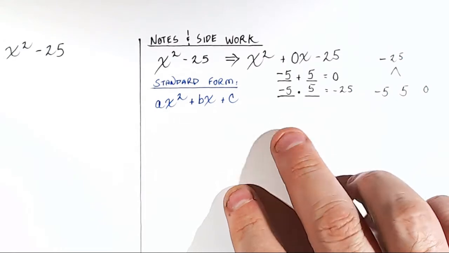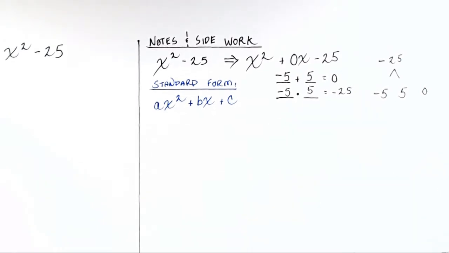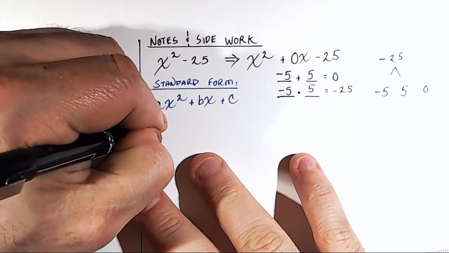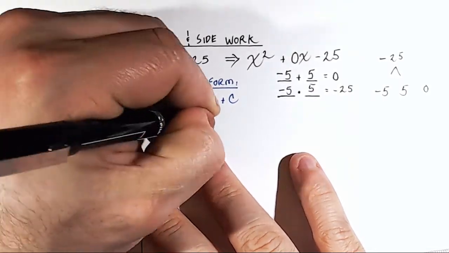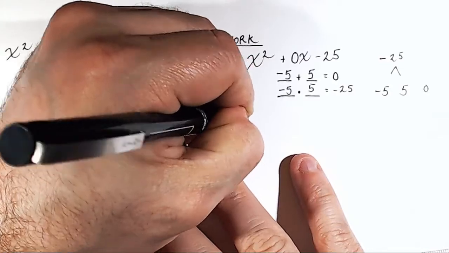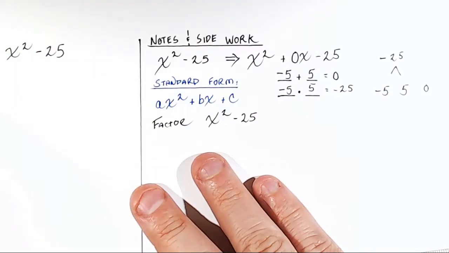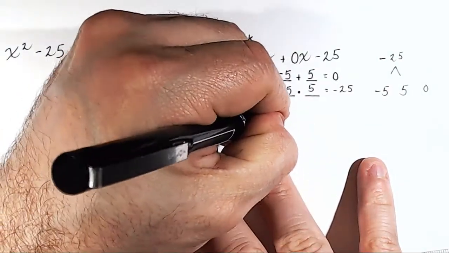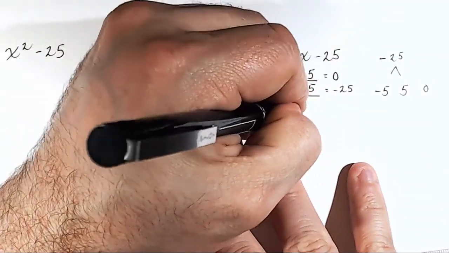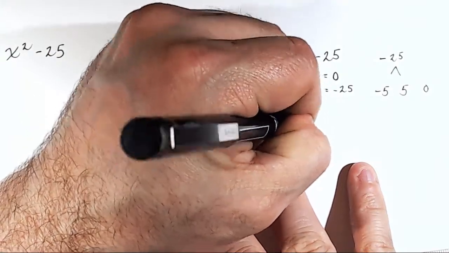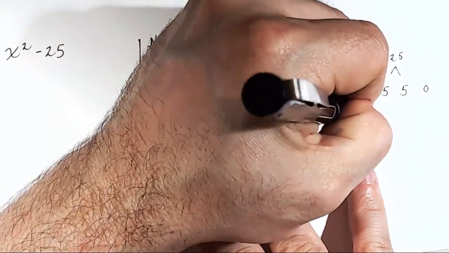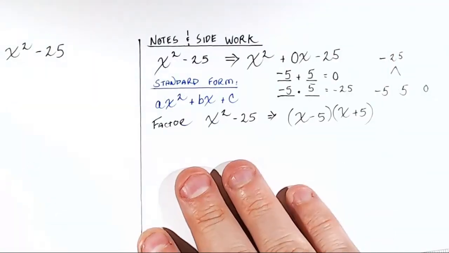Okay, so this means that our factors, so if I'm going to factor x squared minus 25, I could write those factors as x minus 5 times x plus 5.